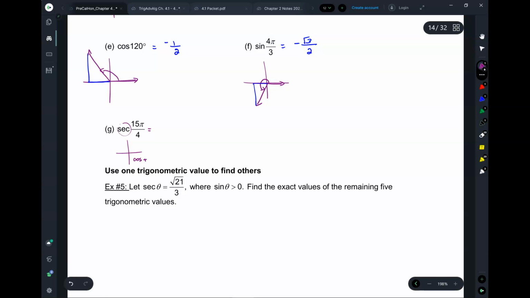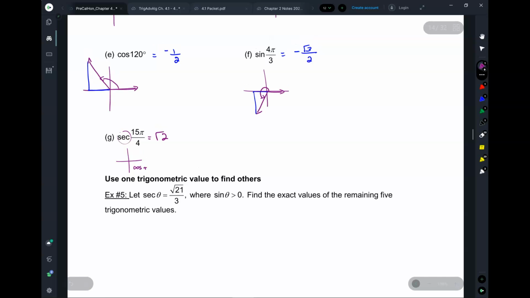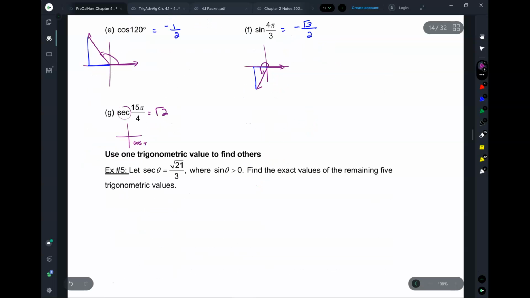Here cosine is positive, so it'll be positive. And now the cosine is 1 over root 2, yes? The reciprocal would be just root 2. Okay, any other questions?